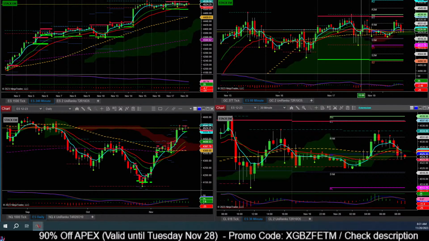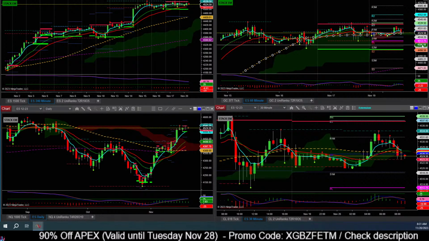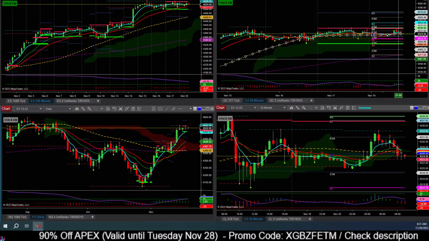If you see, there's a lot of wicks up and down, so a lot of indecision here, and then moving above and now hitting the 50 SMA right here. The 200 is way below here.